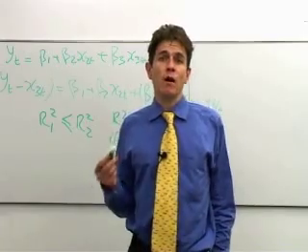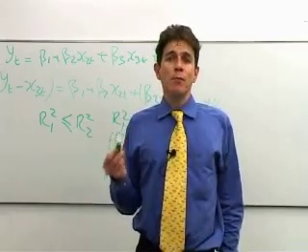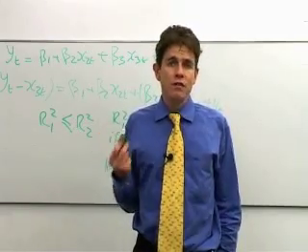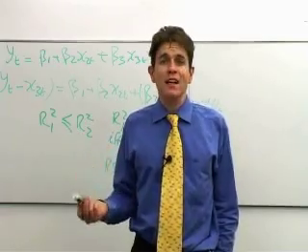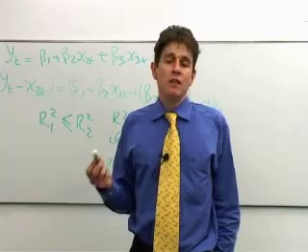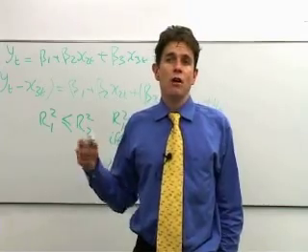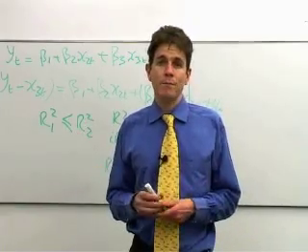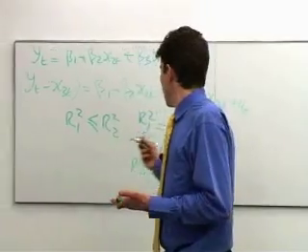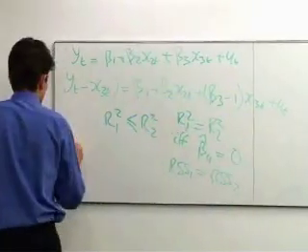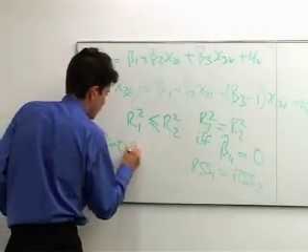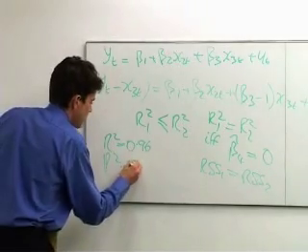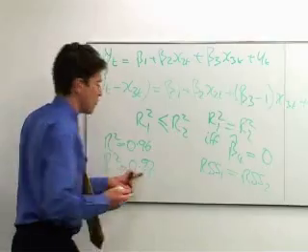The final criticism of R-squared is that in practice, especially for time series regressions, it often takes on very high values within a narrow range. So for time series regressions, R-squared often takes on a value of 0.9 or greater. So for example, we might have one regression where R-squared takes on a value of 0.96 and another regression where R-squared takes on a value of 0.97.